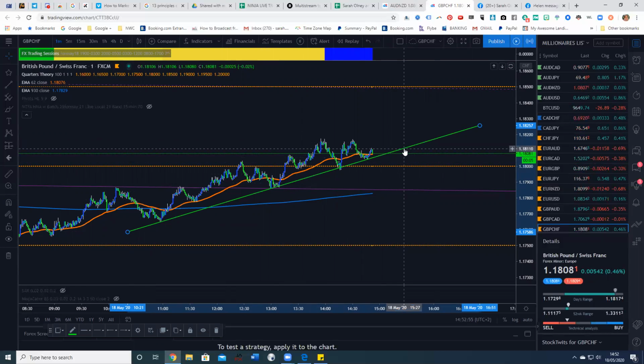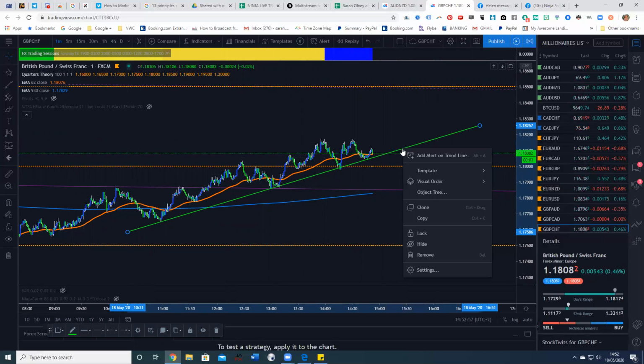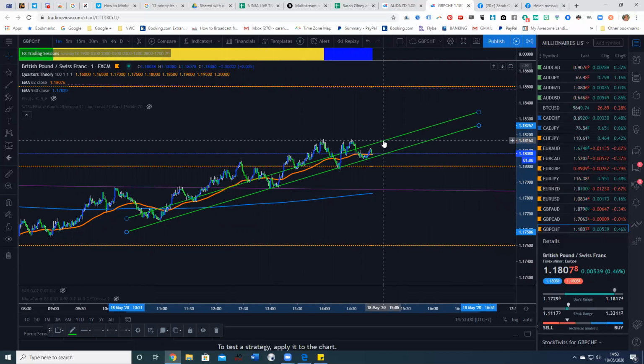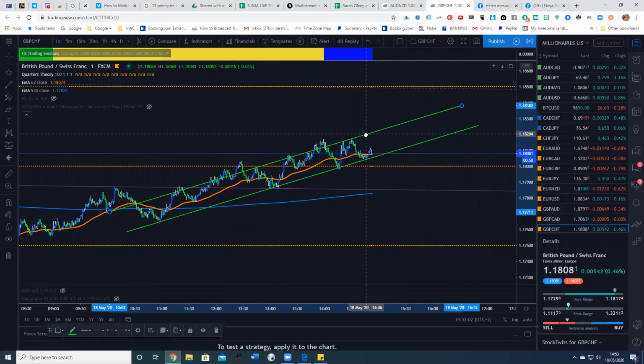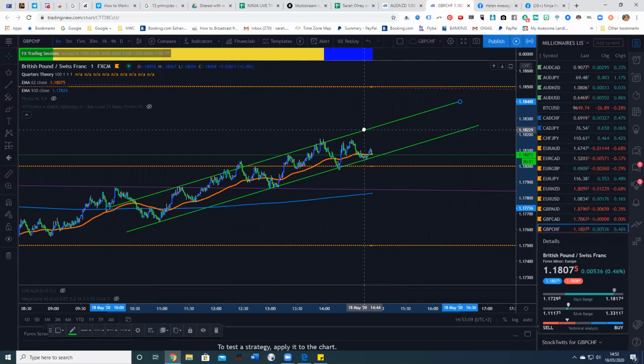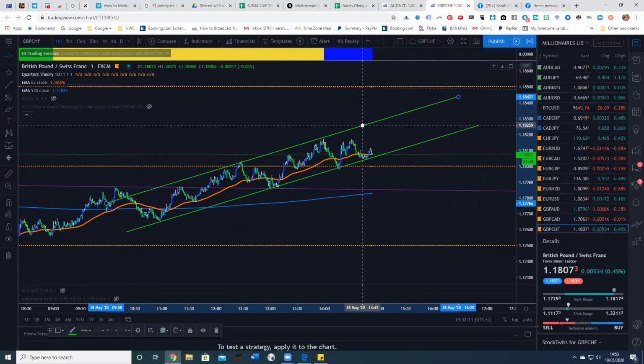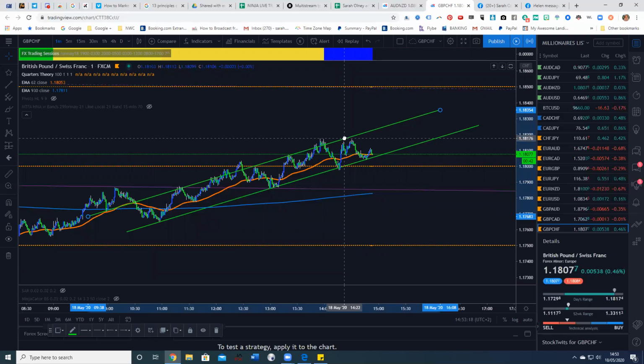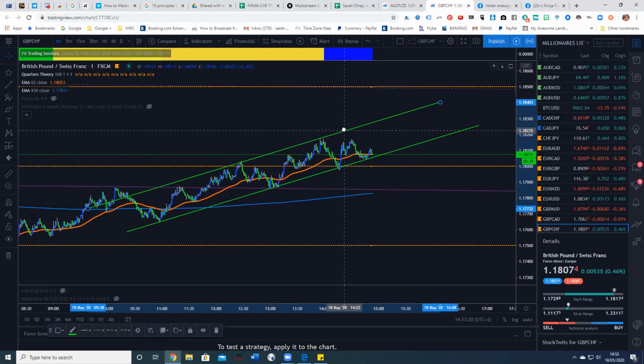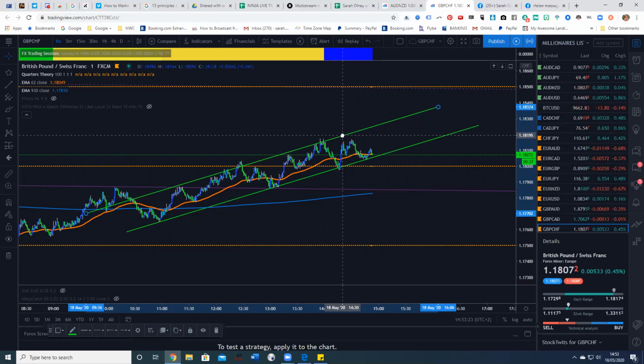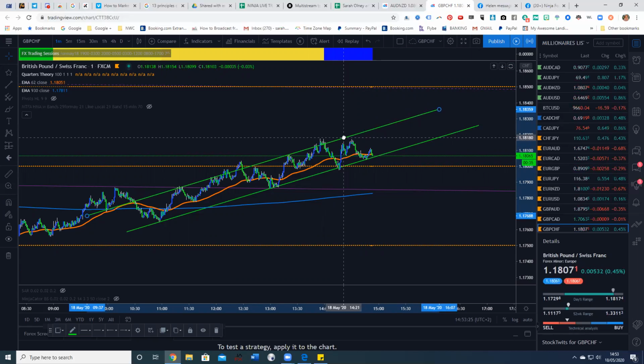And then right click and use the clone, then you'll get the same angle. And then you just have to find where you feel comfortable for the touches either side of the channel. So for me, I don't know if I'd go, it's either there. I think I probably prefer that.